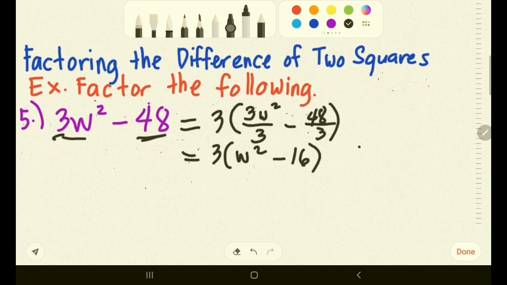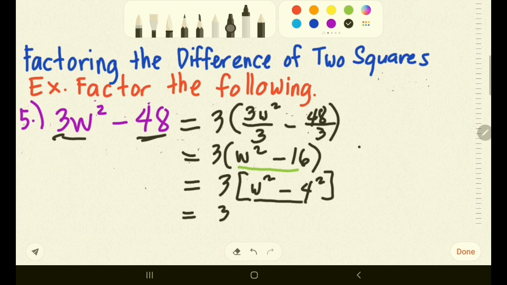Notice this w squared minus 16 is in the form of a difference of 2 squares. So we can now apply the technique. Let's do it. Express each term to the power of 2. So w squared minus 16, which is 4 squared. This has 2 binomial factors.